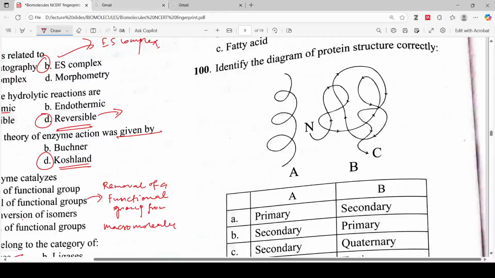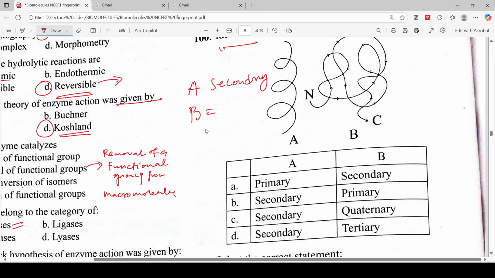Identify the diagram of protein structure correctly. A is secondary, and B is tertiary.